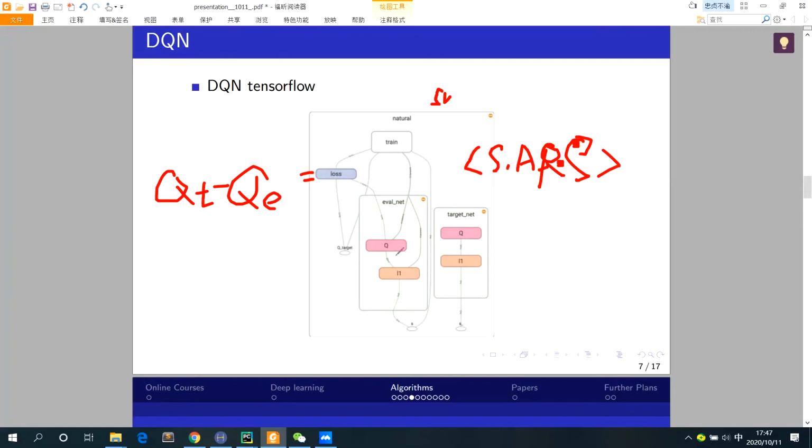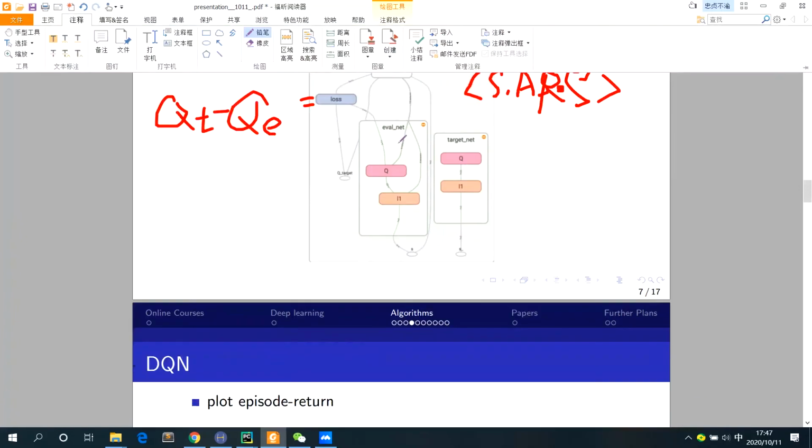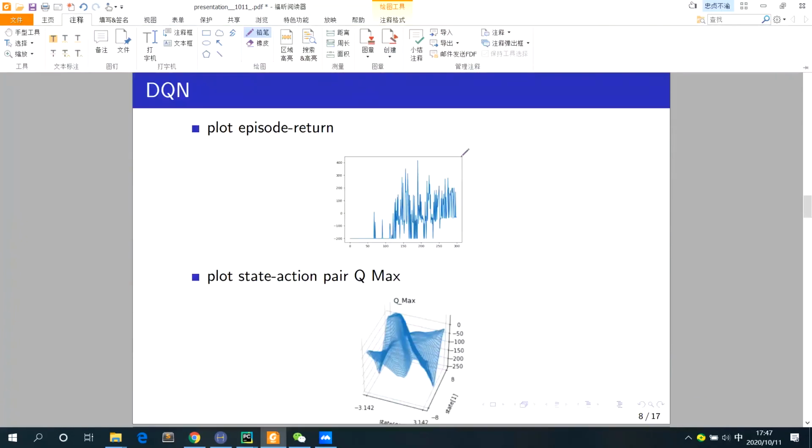Next, here are some results of DQN. The x-axis is the number of episodes, and the y-axis is the reward. We can see from here, after maybe 50 episodes, the car can reach the final point, and after thousands of episodes, this function converged, so I didn't plot them all.